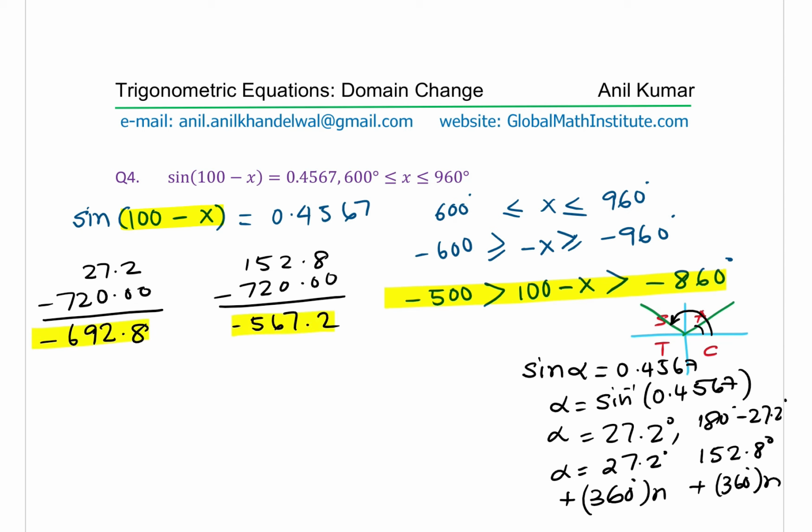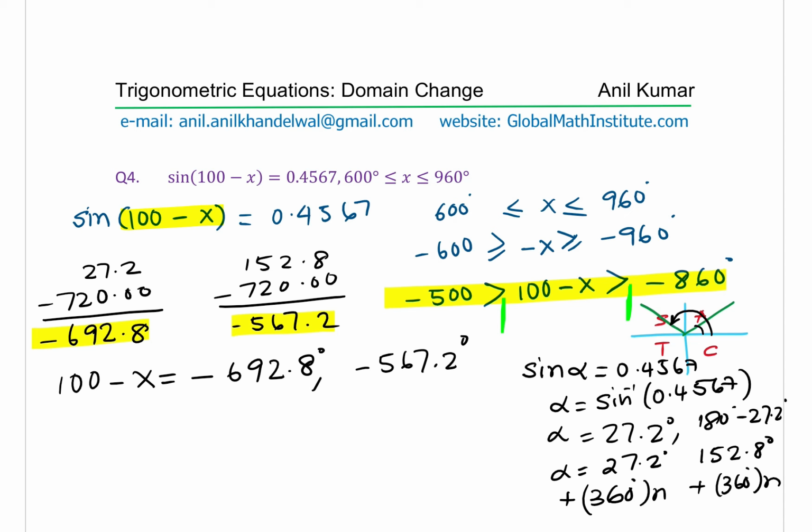Do you see that? They fall somewhere in between. So it works. And therefore, we can now say that 100 minus x could be equal to minus 692.8 degrees or minus 567.2 degrees. Does that make sense to you?